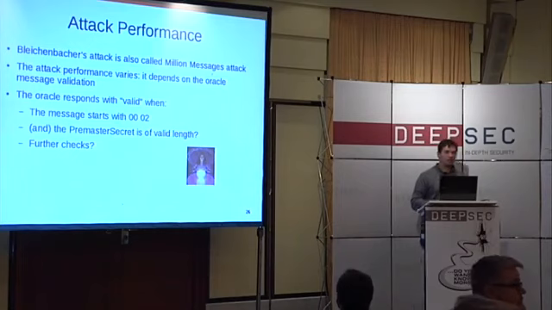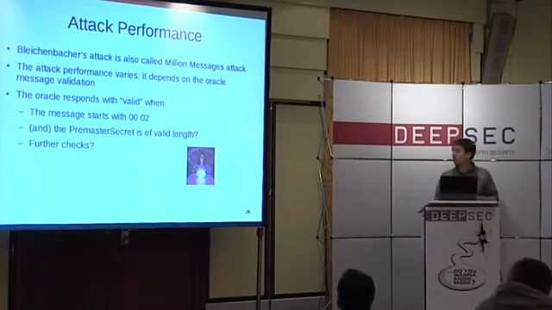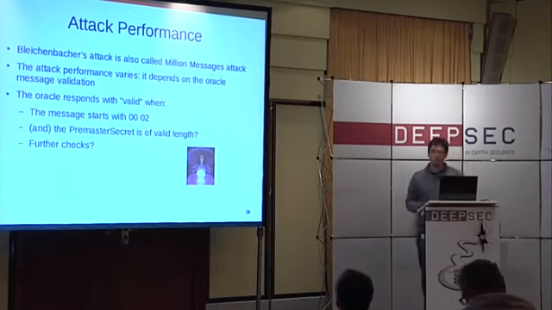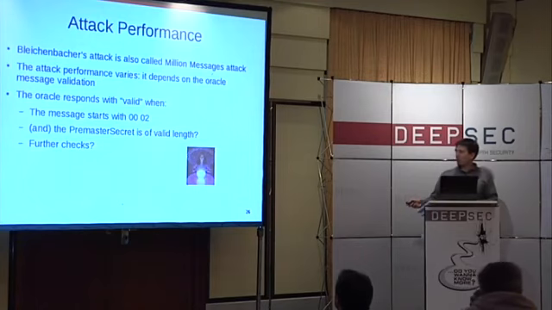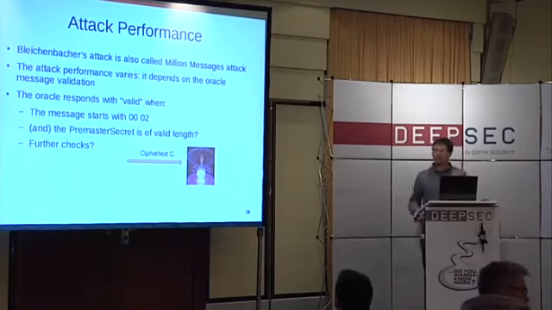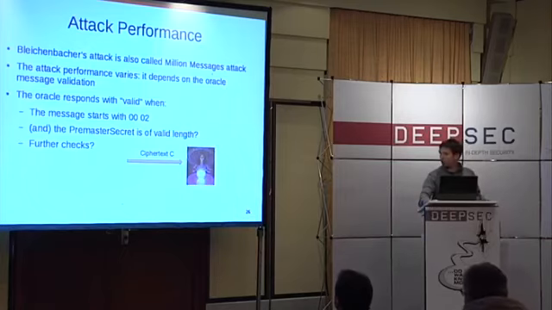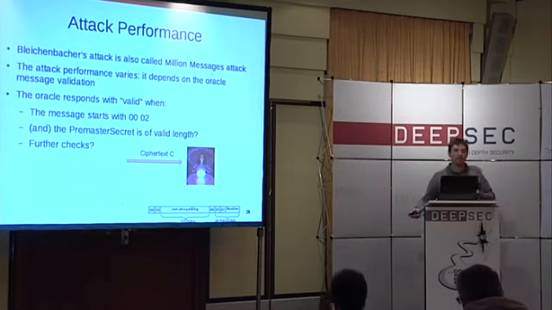The attack performance depends on the Oracle's message validation. What does it mean for us? Imagine we have a ciphertext which is sent to the Oracle, and the Oracle can validate different bytes and send different errors based on this message.